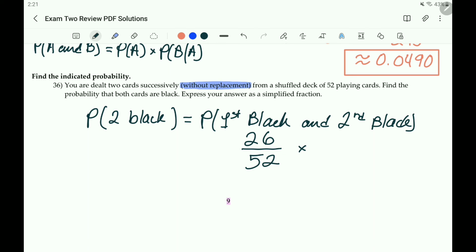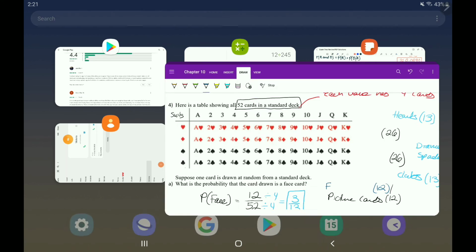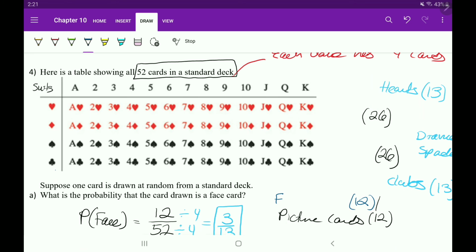Now, you take 1 card out of your deck and you are not replacing it. So let's suppose we pick 1 black card. We're taking out the 5 of spades. That card is no longer left in our deck. If you remove that card from your deck, you now have 51 cards left to choose from.